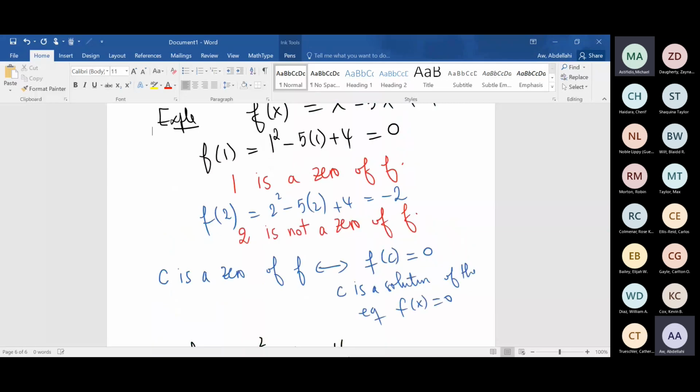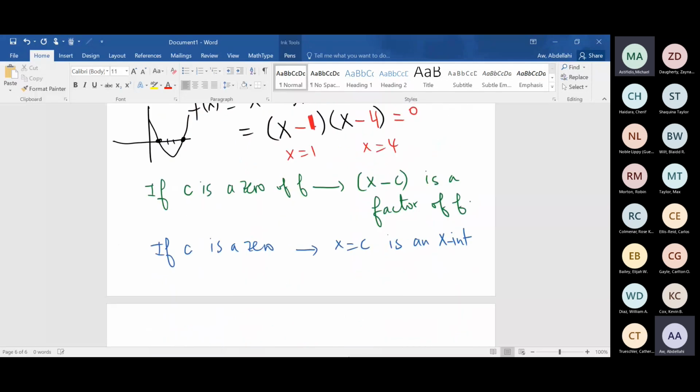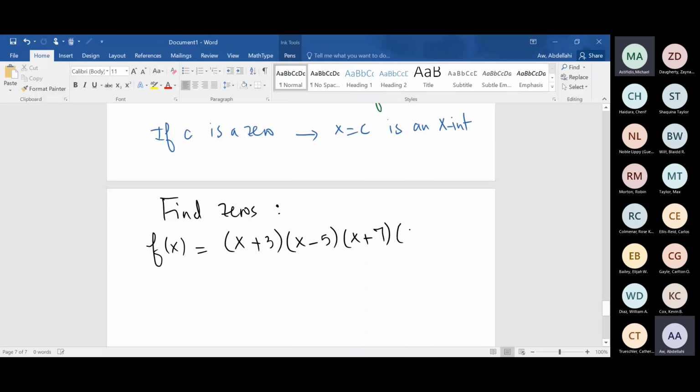So now let's try to learn how to find the zeros. Find the zeros. f of x equals x plus 3 times x minus 5 times x plus 7 times x minus 6 squared.